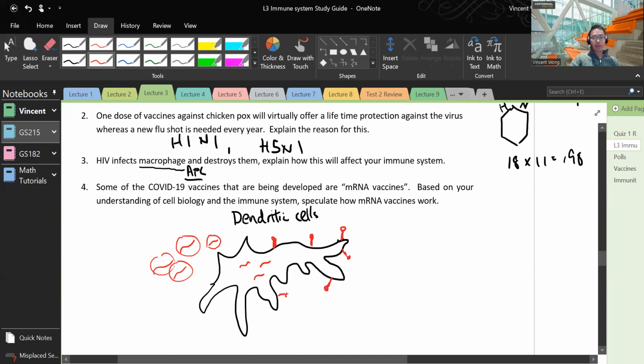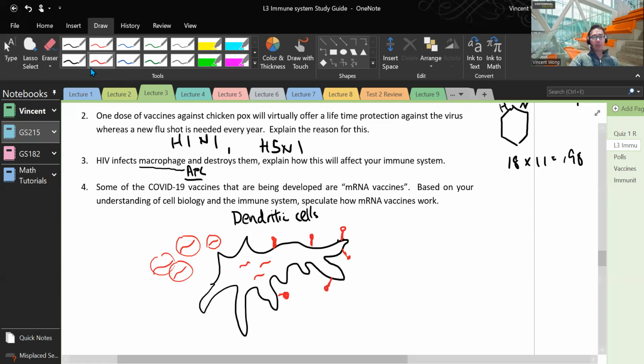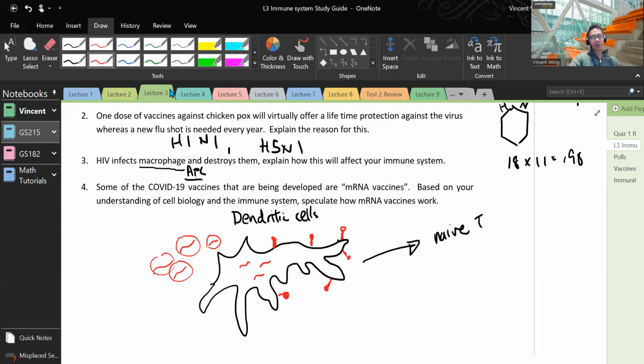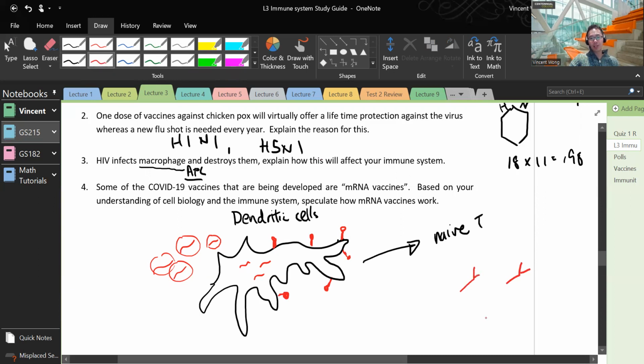Then they present it to the naive T cell, so you make a bunch of antibodies that recognize the spike proteins. When the actual SARS-CoV virus comes in, the antibodies are able to recognize it and hopefully neutralize it before it causes too much damage.